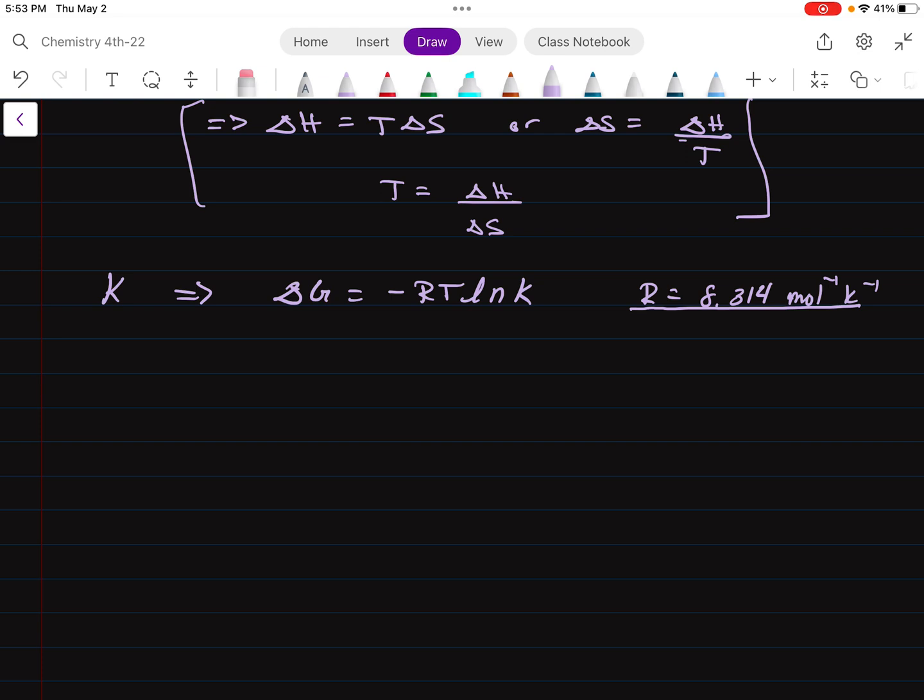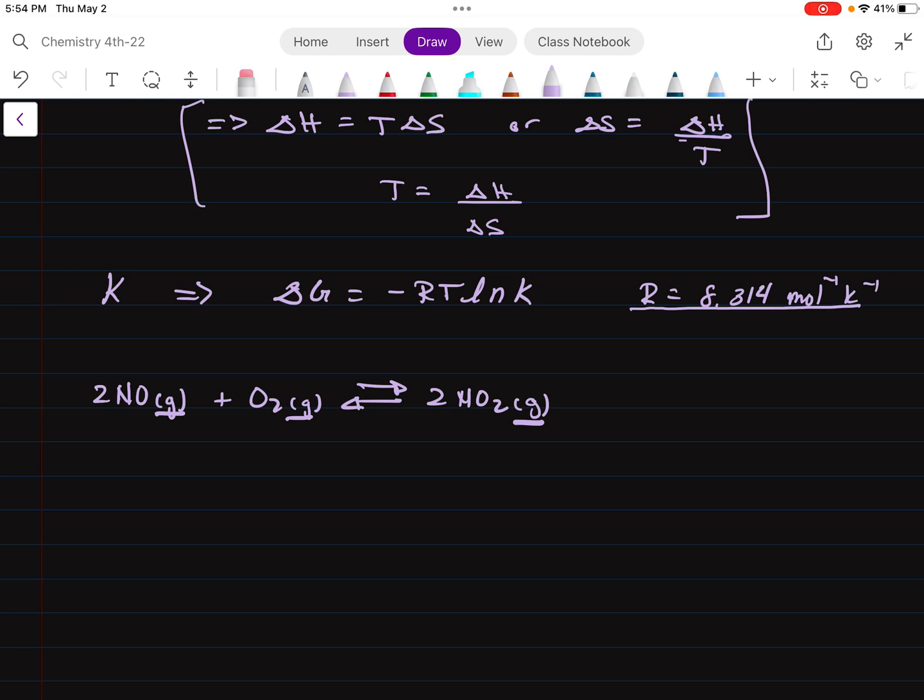So let's say we have a reaction of 2NO gas plus O2 gas at equilibrium to produce 2 moles of nitrogen dioxide gas. You also want to pay attention, because you're going to get questions that ask about entropy, and you have to take a look at the states. In this case, you're not going to see much change in the state of matter, but if you're going from a solid to a liquid or a liquid to a gas, you're definitely going to see an increase in entropy.